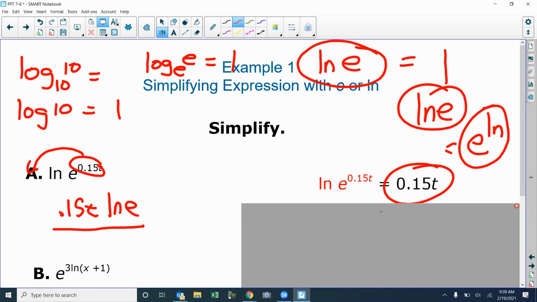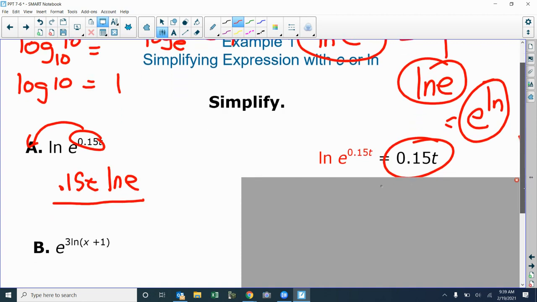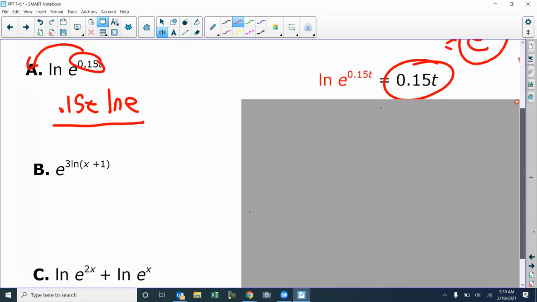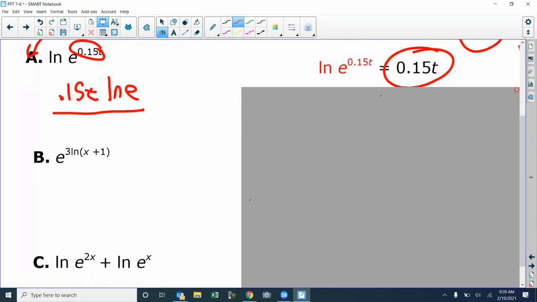With that being said, what do you think letter B might end up being? Well, I got that 3 is a problem, but it's in front of an ln, isn't it? It's in front of a log, so what can I do with it?